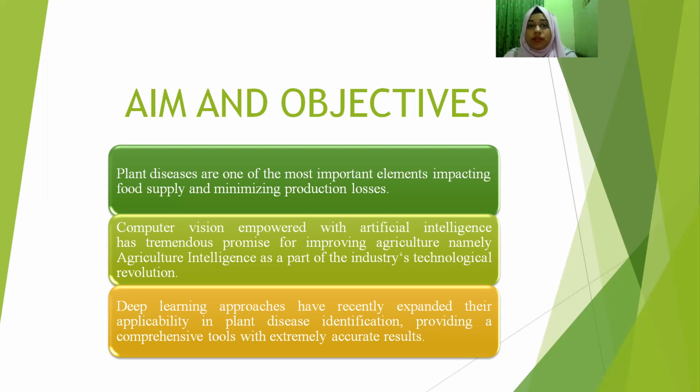Hence, computer vision empowered with artificial intelligence has tremendous promise for improving agriculture, namely agriculture intelligence, as it is part of the industrial technological revolution. As deep learning approaches have recently expanded their applicability in plant disease identification, providing comprehensive tools with extremely accurate results, crop disease detection can be handy.